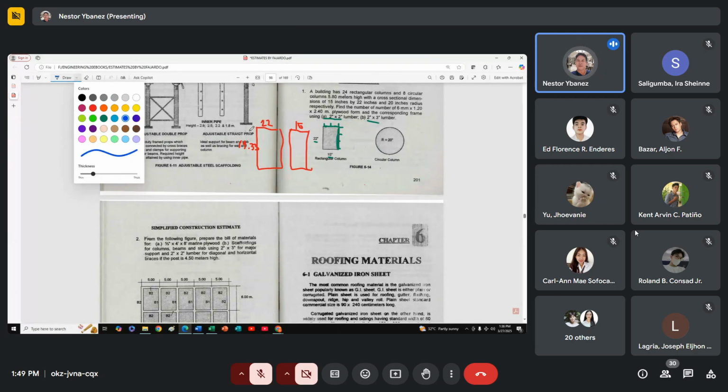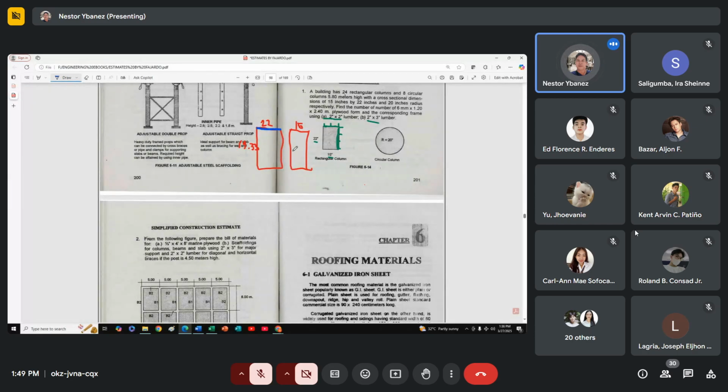So what is the frame here? It is for the plywood board to hold. What we're going to find here is the total length.